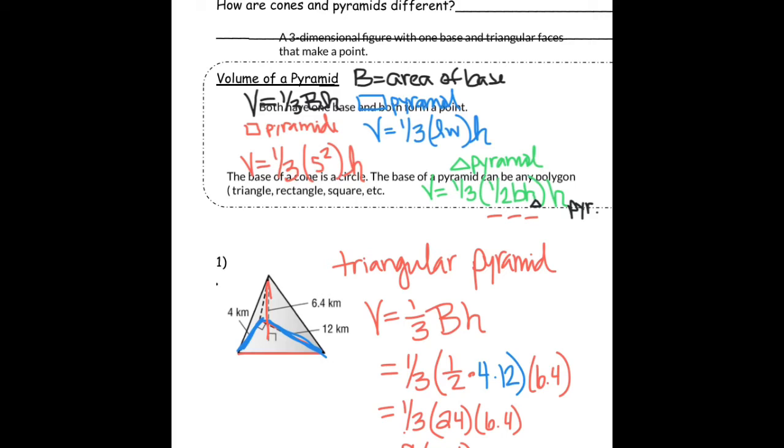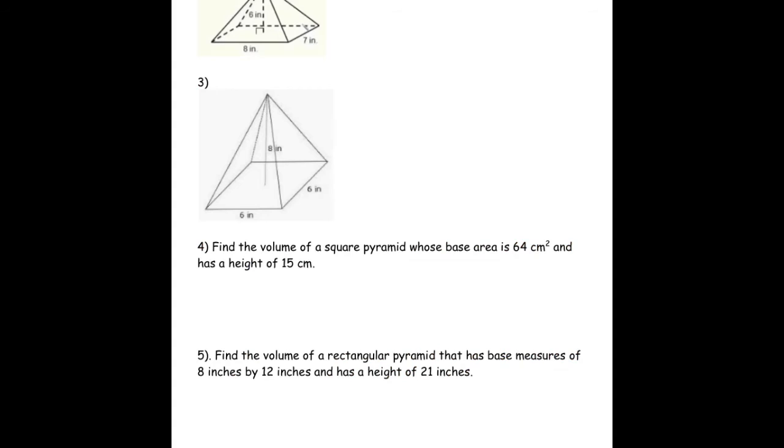Let's look at our next example. So example number 2 looks like a rectangular pyramid. And I say that because the base is a rectangle. And I know that the base is a rectangle, not a square, because the measurements are different. So the formula that I'm going to use, the volume equals 1/3 times the area of the base times the height.